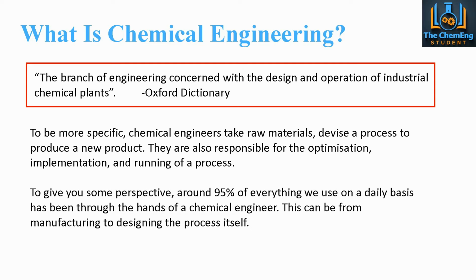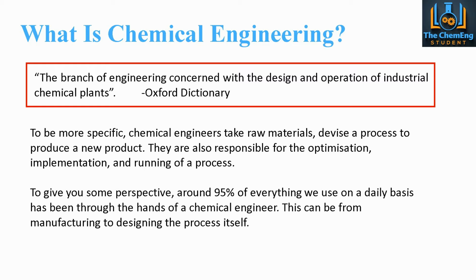Now, to give you some perspective here, this value remains between 95 and 98%, but around 95% of everything that we use on a daily basis, anything you enjoy from mobile phones to cars to your TV to books, to anything that you can think of, has been through the hands of a chemical engineer.